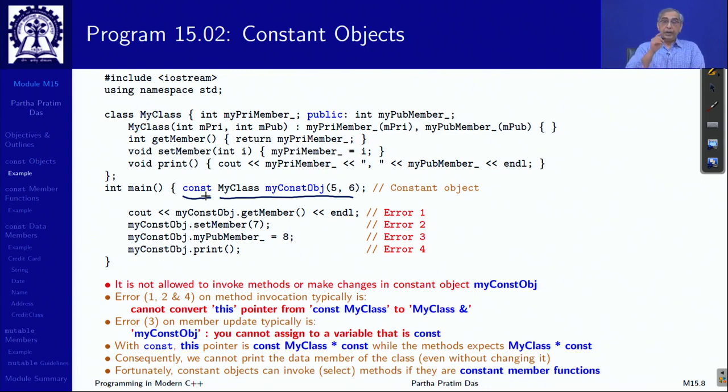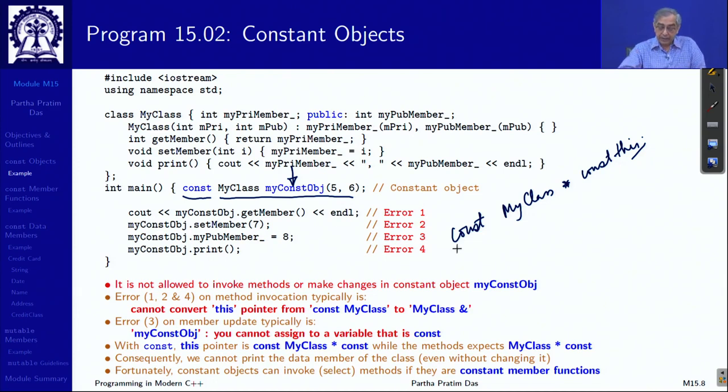The change will be that this pointer of my const obj is now const my class, right, because it is a constant object.